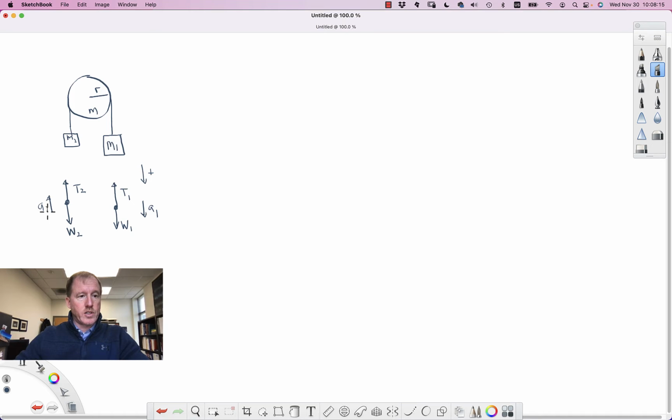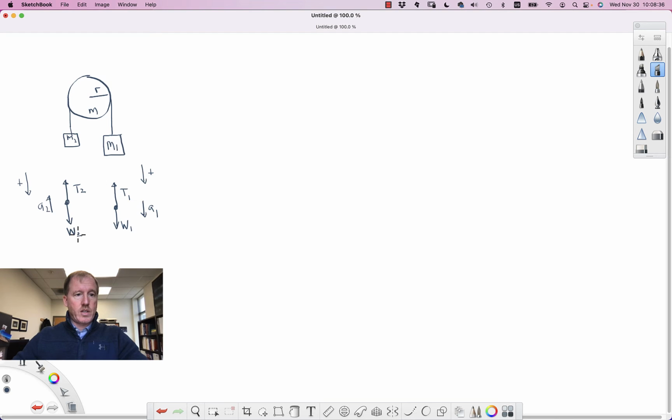I'll call that acceleration a2. And for the sake of argument, let's call the positive direction of this one downward. So acceleration 2 is going to be in the negative direction. Positive is downward here, positive is downward there, and we're going to find a1 is going to be a positive number, and a2 is then going to be a negative number.